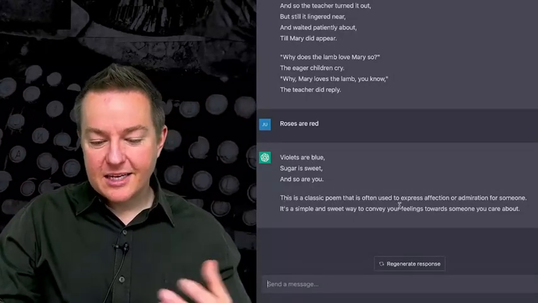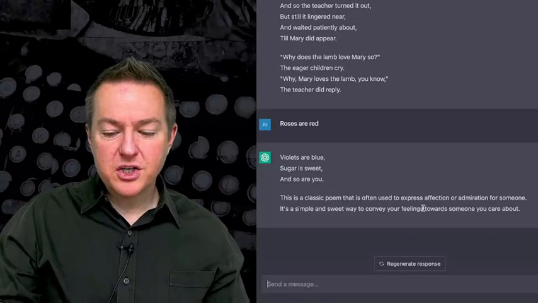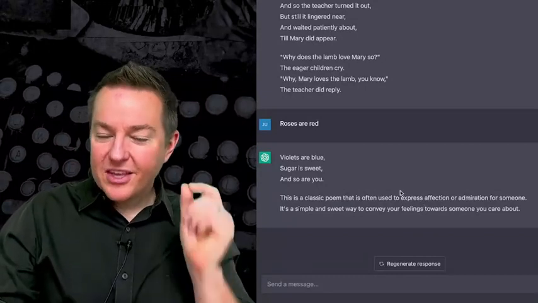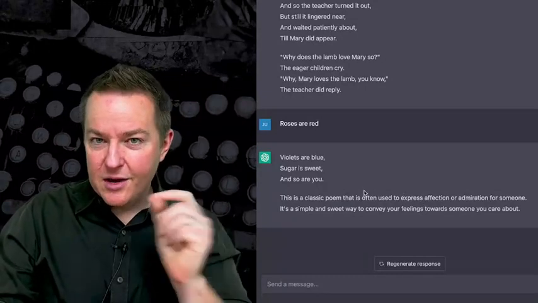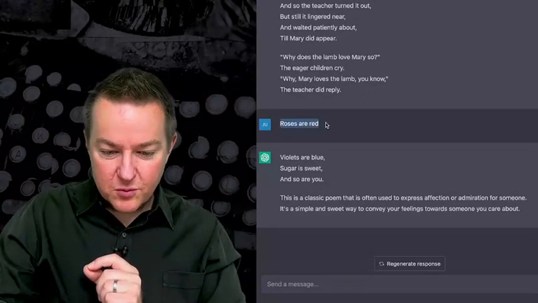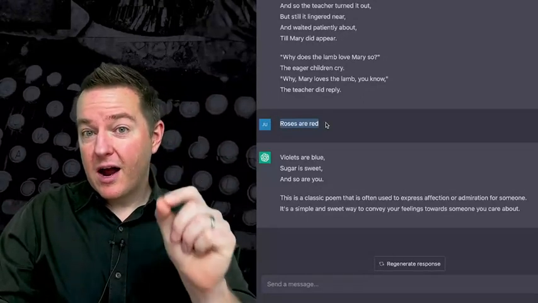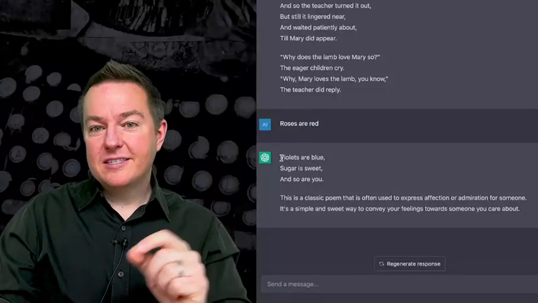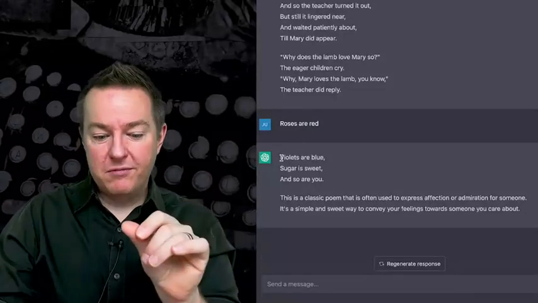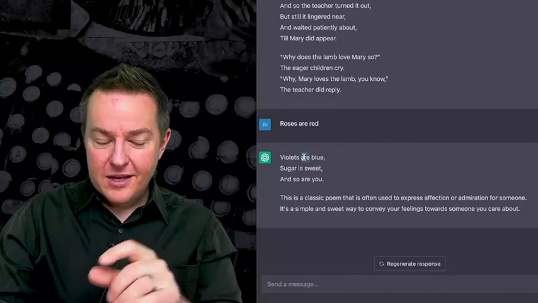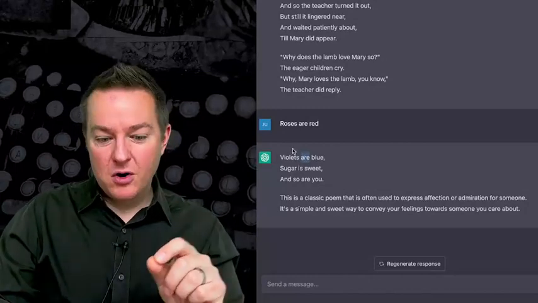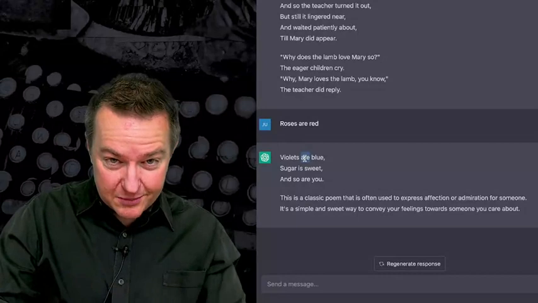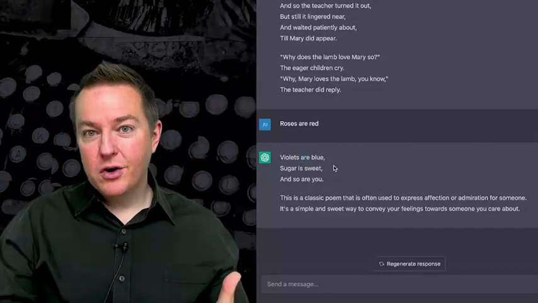And it says this is a classic poem that is often used to express affection or admiration for someone. But the key thing to note is it's doing a next word prediction. I said roses are red, and it's picking up where I stopped and predicting the next word, which is violets. It's then adding that in, and it's saying roses are red, violets, and it's predicting are. It's then going back, adding that in, and it says roses are red, violets are, and it's predicting blue. And it's doing this over and over.